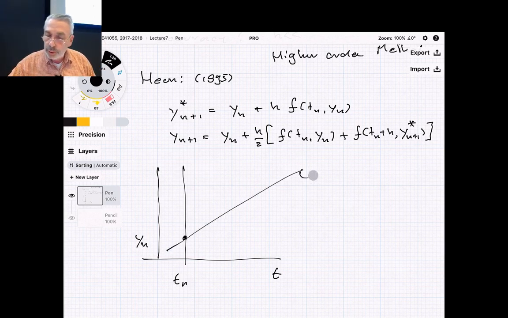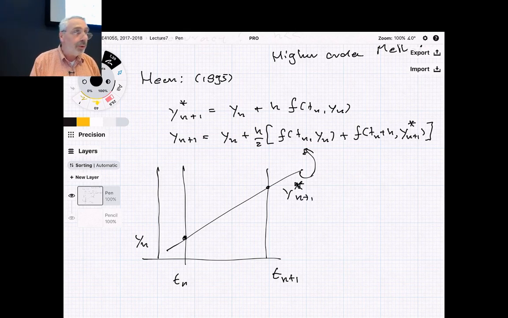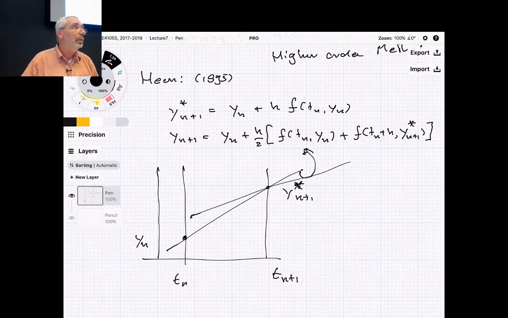Then at this moment in time tn+1, we approximate a value here which we call y star. It is the value you would find with an Euler step, but we're not going to use that. We're going to calculate a derivative, and that's probably a little bit different from the initial derivative. So this is this guy.